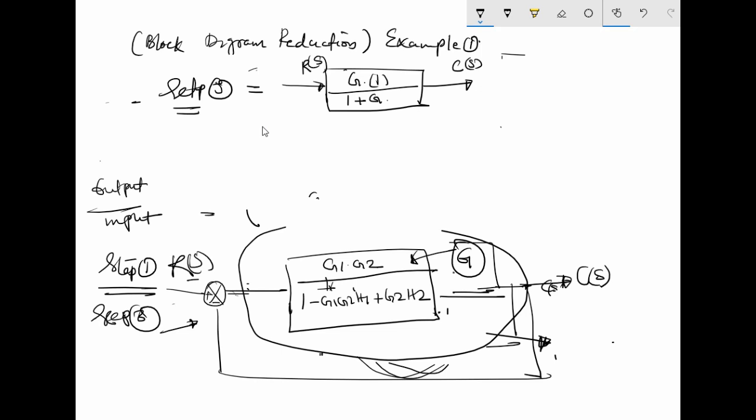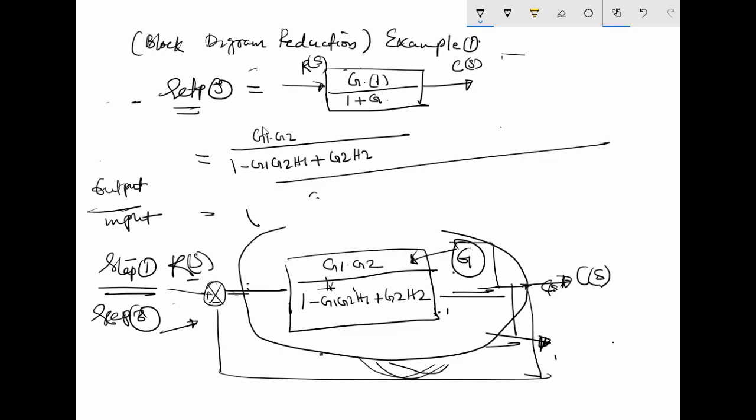and this is my CS and this is my RS. And if I solve this, then this is equal to G1 G2 divided by 1 minus G1 G2 H1 plus G2 H2 divided by 1 plus G1 G2 divided by 1 minus G1 G2 H1 plus G2 H2.